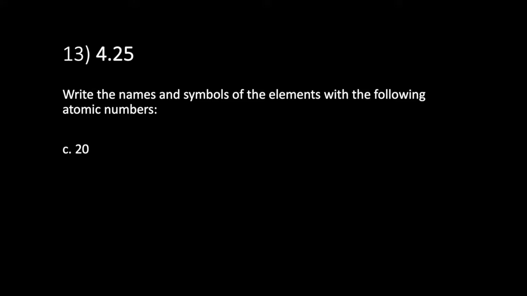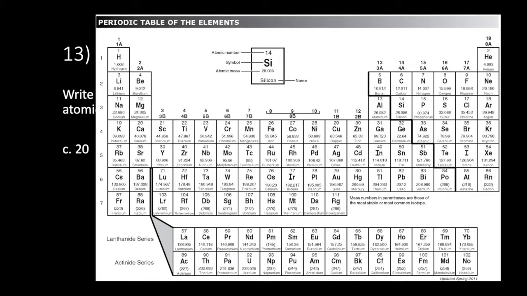What if the atomic number is 20? So now the nucleus has 20 protons. What element does that make it? We can look here, and the way that the periodic table is arranged is it's sort of arranged in the way that words are arranged on a page when you're writing something. So you go from left to right, and once you hit the end, you start back at the next row at the left side, and the numbers get bigger as you do that.